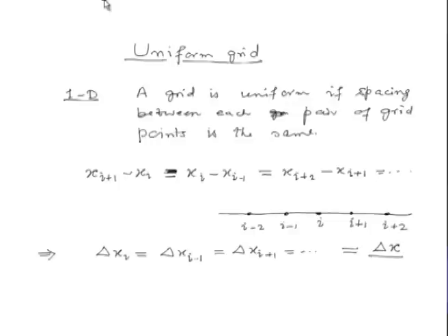So, now we have got a uniform grid spacing of delta x, and if this were not the case we will call the grid as non-uniform.